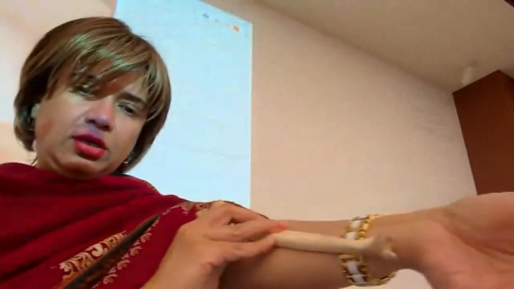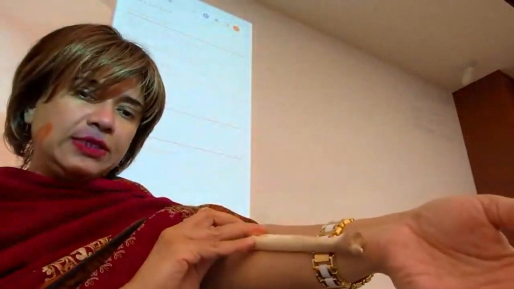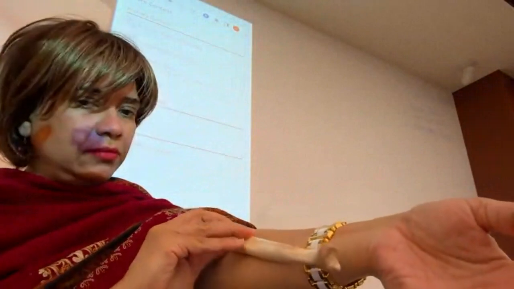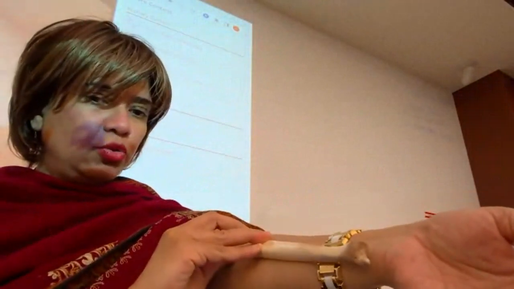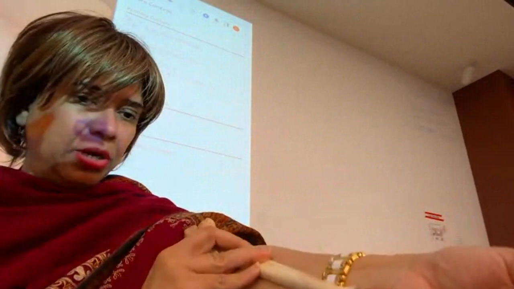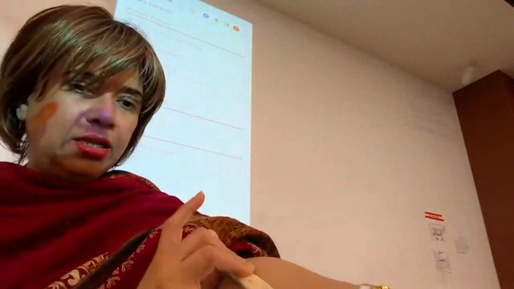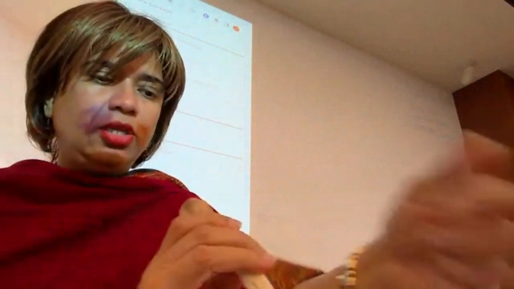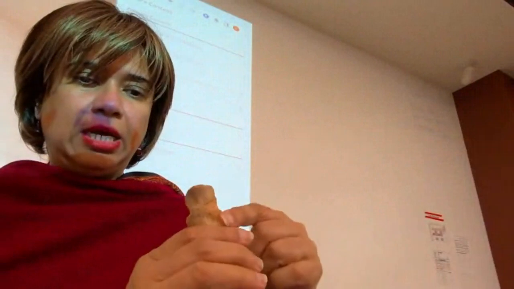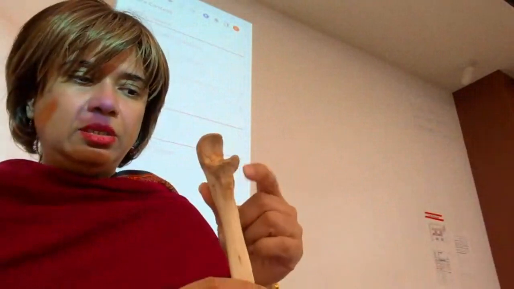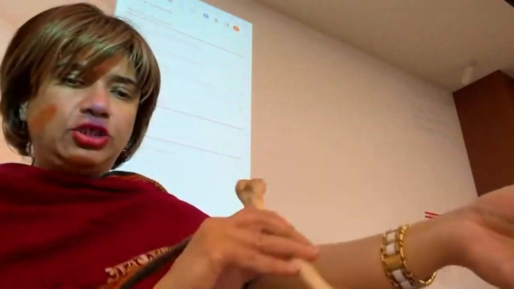So when you face this forwards like this, notch is forwards, and your styloid process is most medial, head is at the bottom, and the radial notch on the ulna, this one, should be lateral.